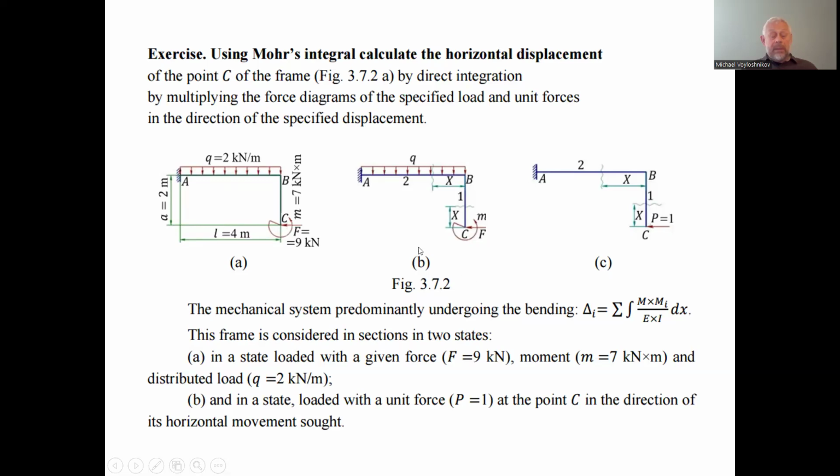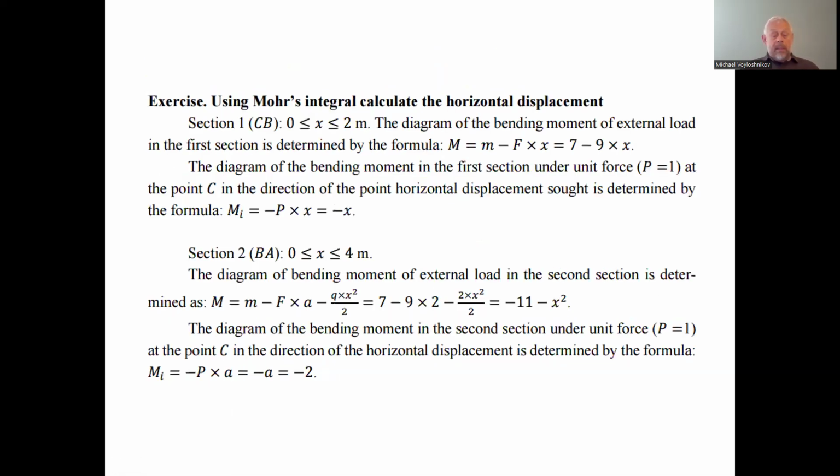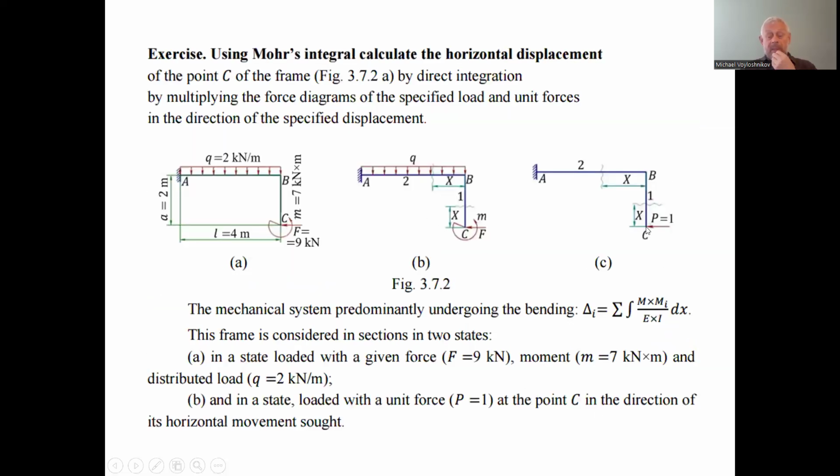Okay, we will indicate the elements of the system going from right to left as the first element and the second one, rigidly connected at point B and embedded at point A, loaded by three efforts: distributed force, concentrated force and bending moment. And we use the Mohr integral to find the displacement, on section 1, we consider the axis.